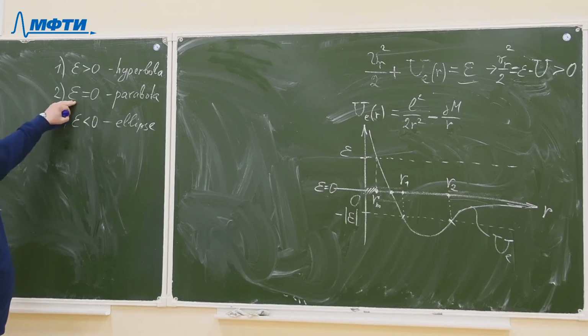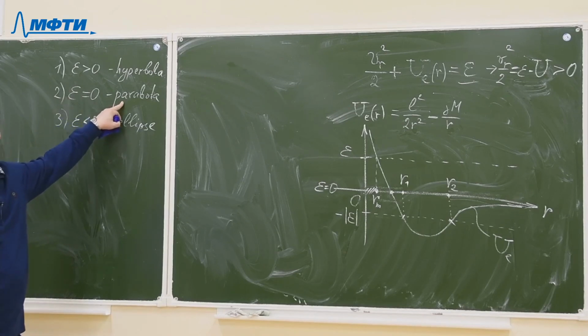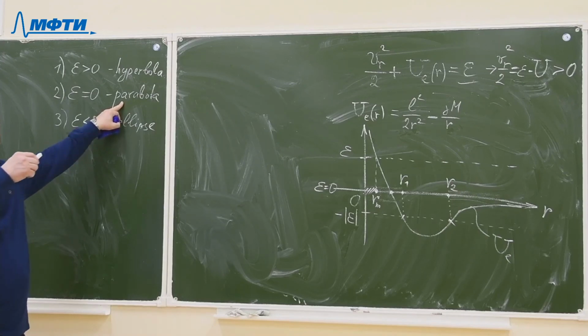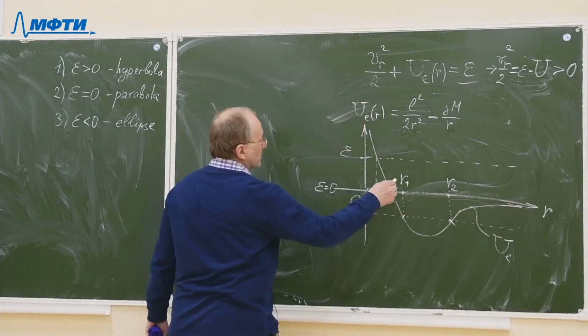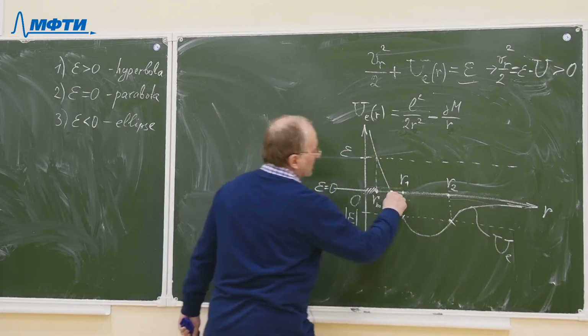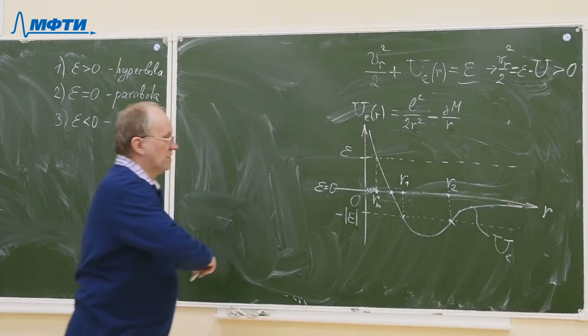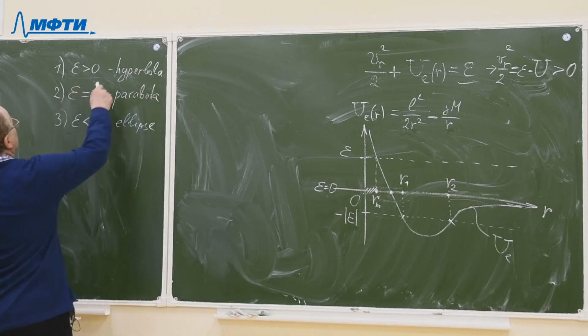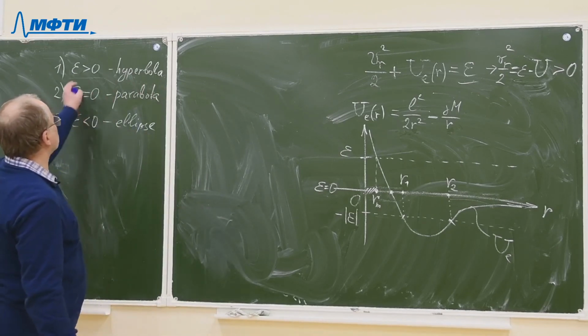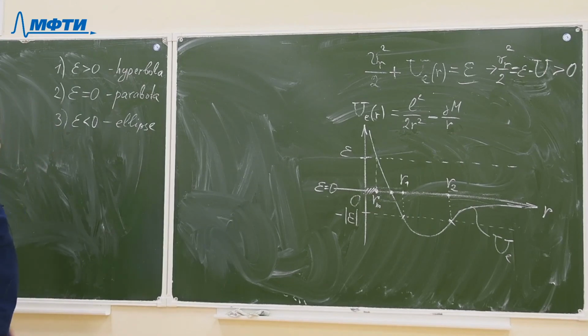If the total energy of some celestial body like a comet is 0, then it will move along a parabolic trajectory. It will start from infinite distance to the sun, then go closer to the sun up to this point, and then go again to infinity along the parabolic trajectory. And if the energy is larger than 0, then the trajectory will be hyperbolic.